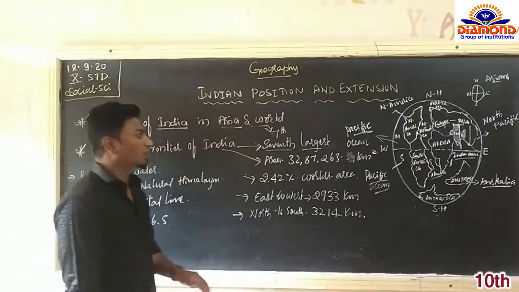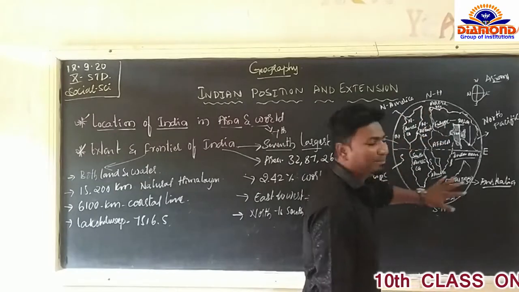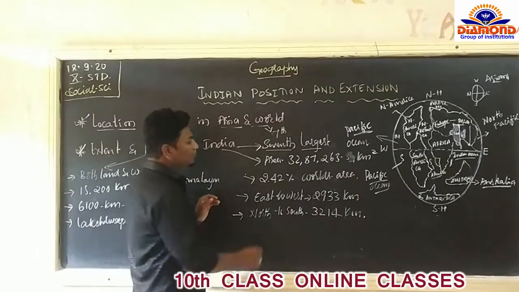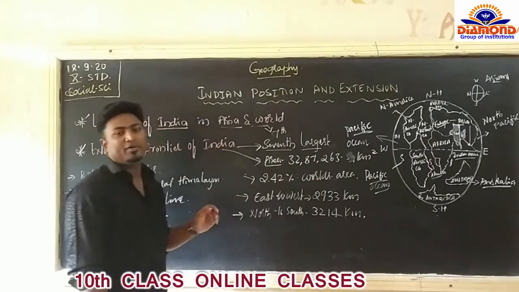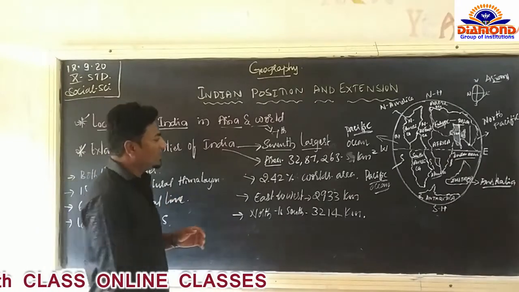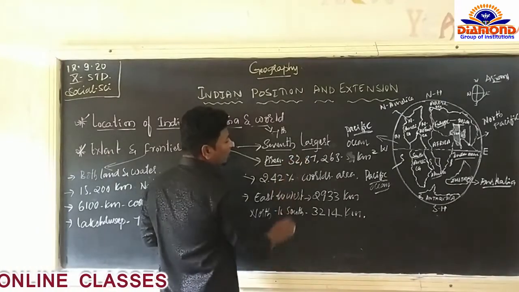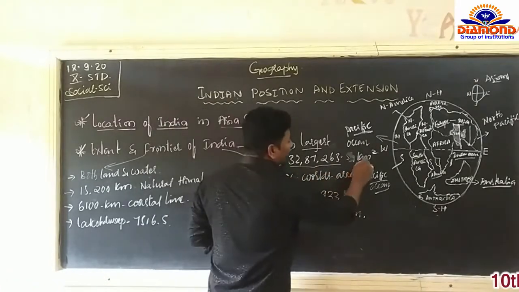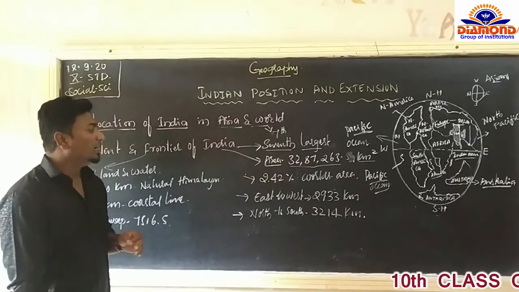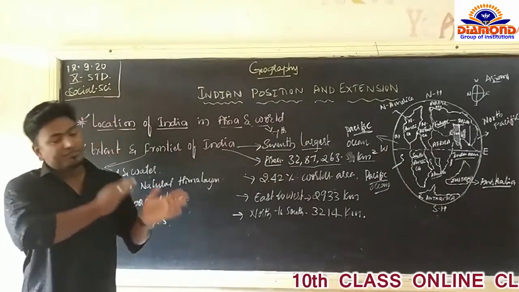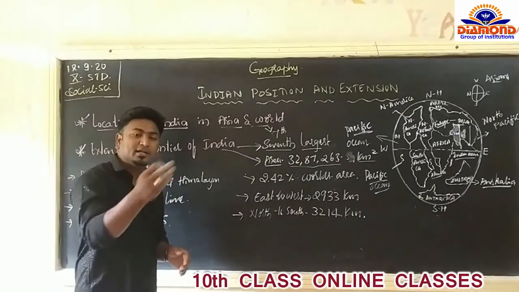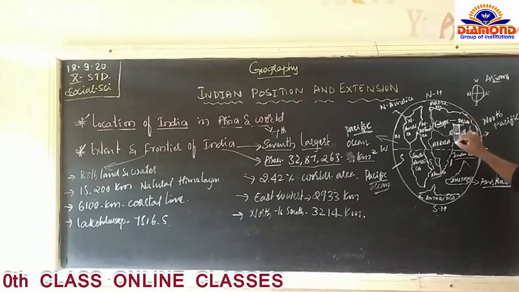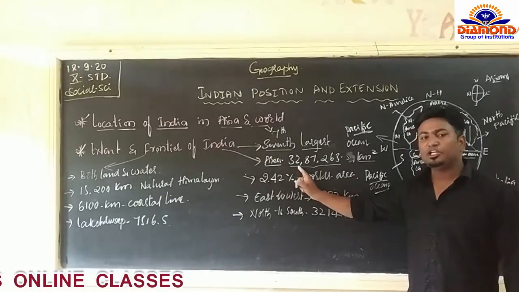Area-wise, the complete area of India is 32,87,263 square kilometers. This is the total area that we need to keep in mind.